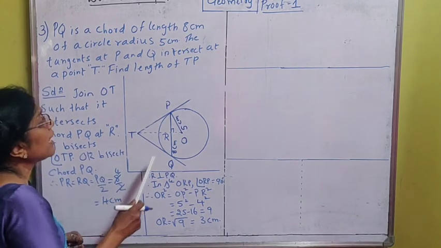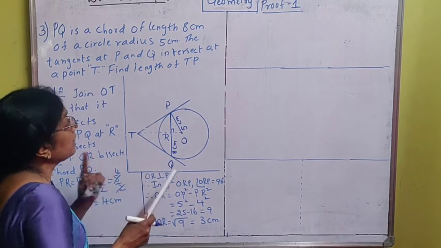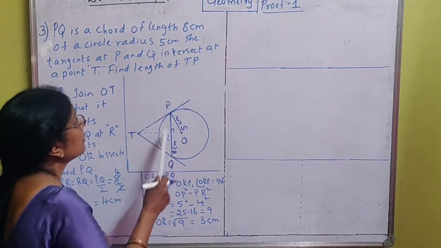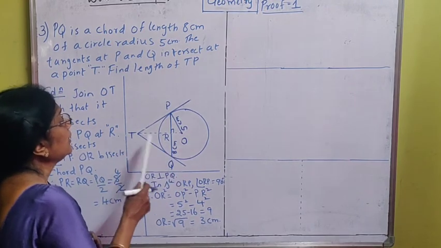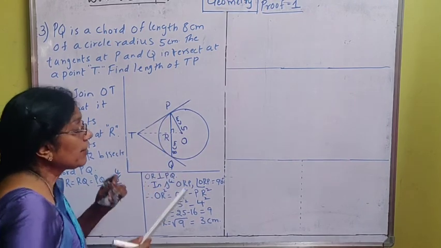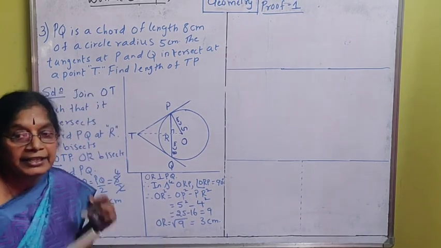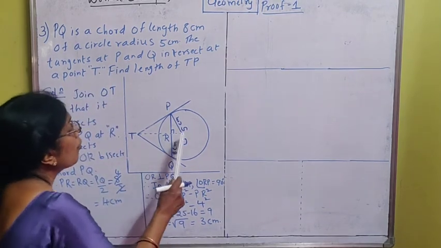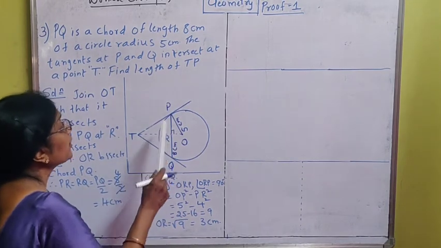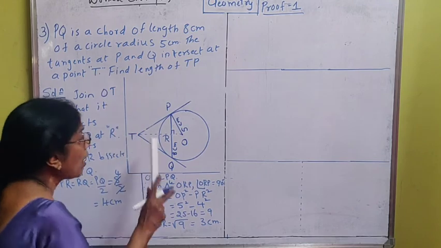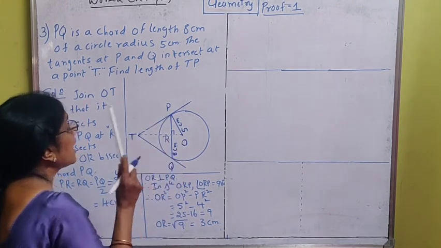So, which are the two triangles? PRT and PRO. One angle we got: angle PRO is equal to angle PRT, which is 90 degree, because OR is perpendicular. But you have to find the second angle in these two triangles. Now, look over here. Angle OPT is given. In this diagram, you can see angle OPT is made up of two angles: angle OPR and angle RPT.